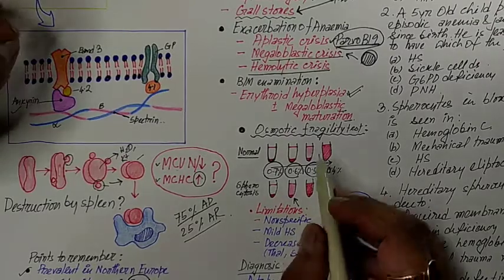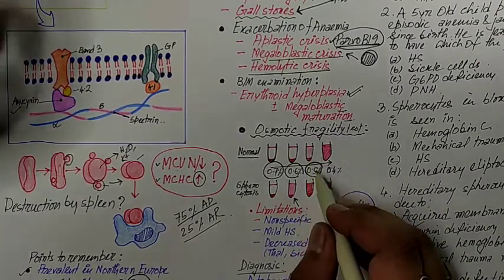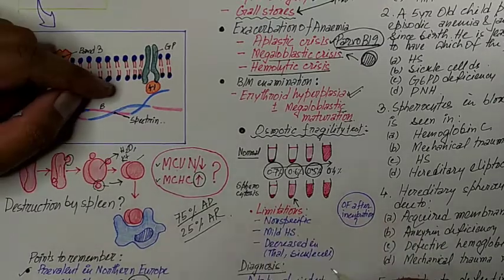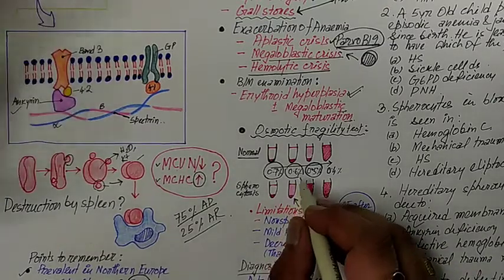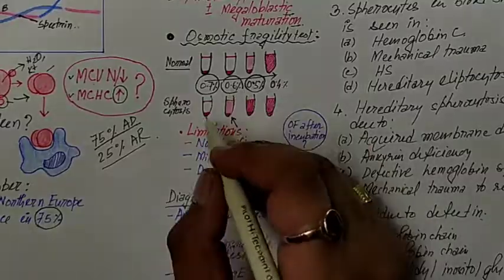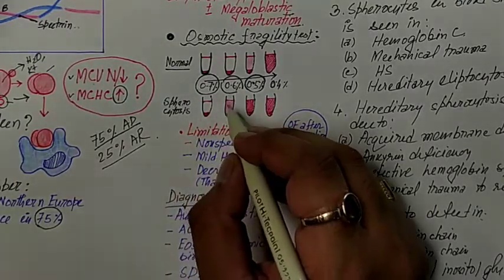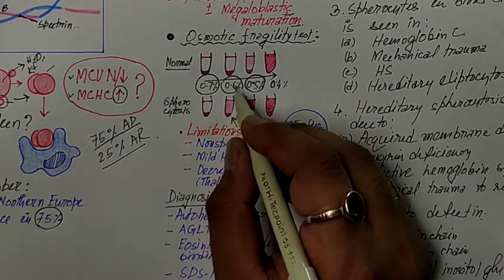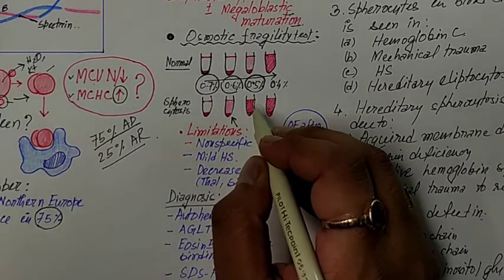That means normally the cells lyse at 0.5% solution, but in hereditary spherocytosis it lyses at a higher concentration. That means in hereditary spherocytosis, the hemolysis begins earlier, at the concentration of 0.6%.